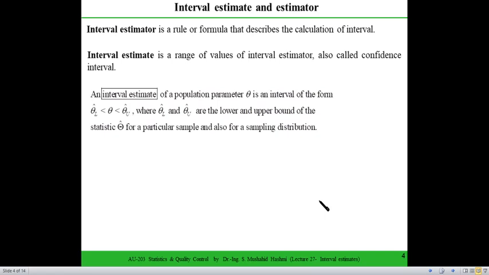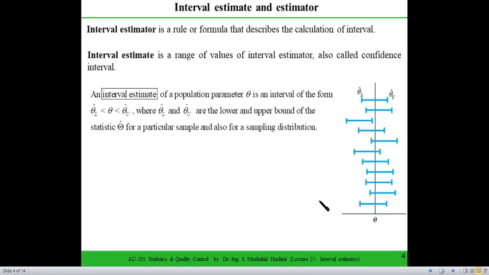So theta could be our unknown parameter, and we expect that with a certain confidence we can say that theta is going to lie between the interval theta L and theta U. The values of those numbers which form the interval are called the interval estimate. So we can see that theta is our parameter, and we expect it in several intervals from each sample.